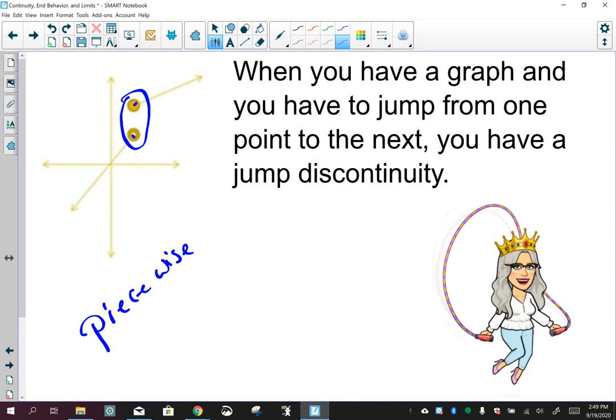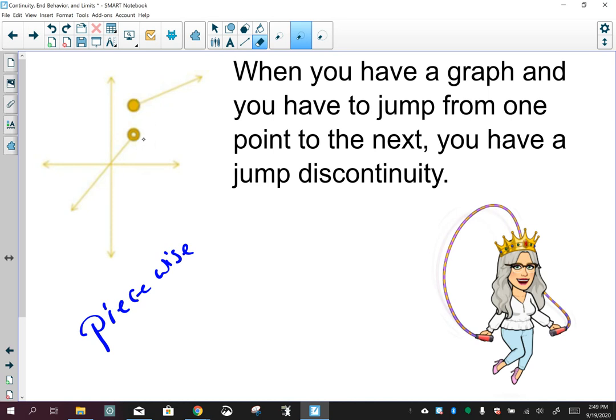I'm not continuous. Now, not all piecewise functions are discontinuous, because you can have piecewise functions where this piece here might be an open dot because that's where we're ending. On this part of the function, we're coming up to this value, but we don't want to include that value.